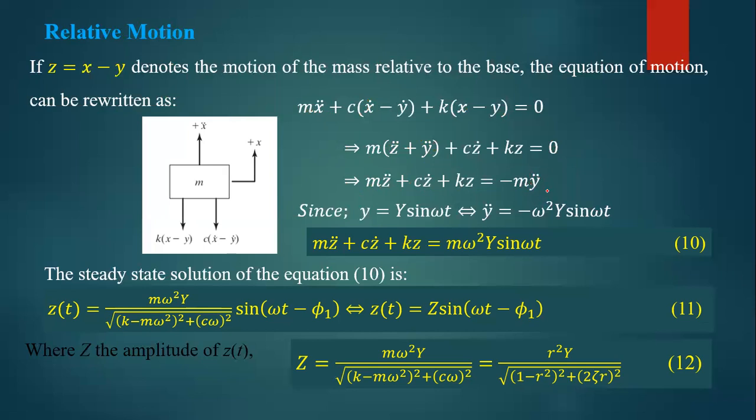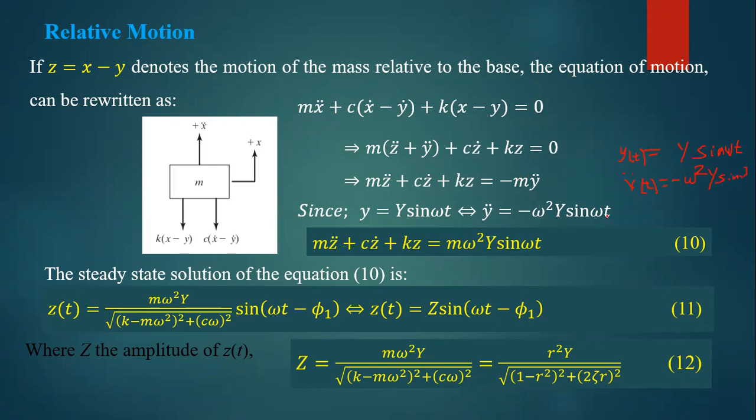And our y is already given from the road profile: y of t is equal to capital Y sine omega t, so y dot dot, the acceleration term of y, is equal to minus omega square capital Y sine omega t.